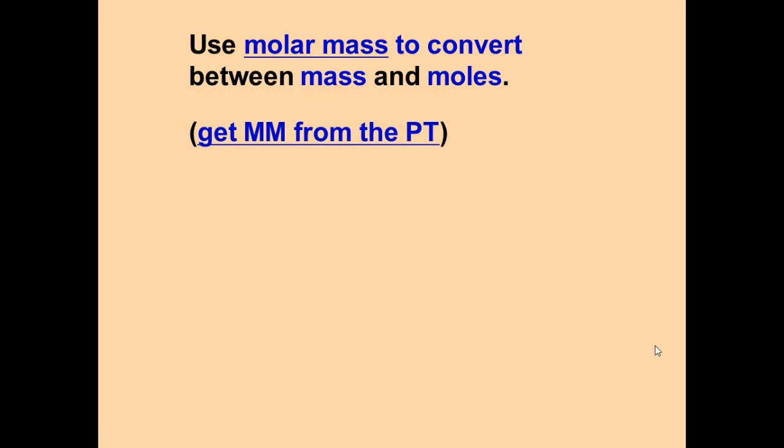And so we get molar mass from the periodic table like we did with the last slide. We just figure out how much of each atom we have and multiply the molar mass of each atom times its corresponding number. And so this is a type 3 problem.